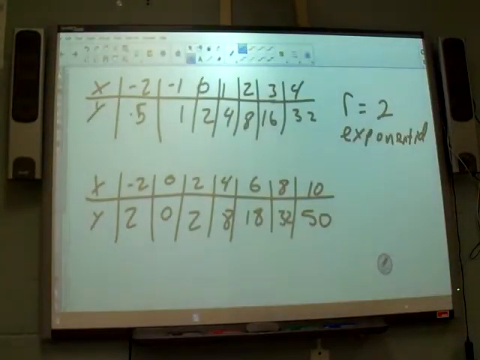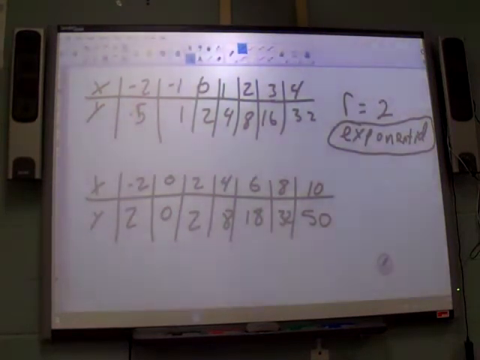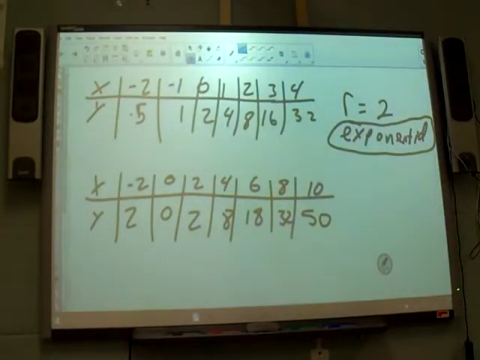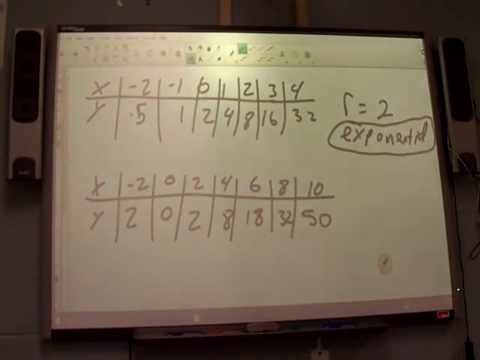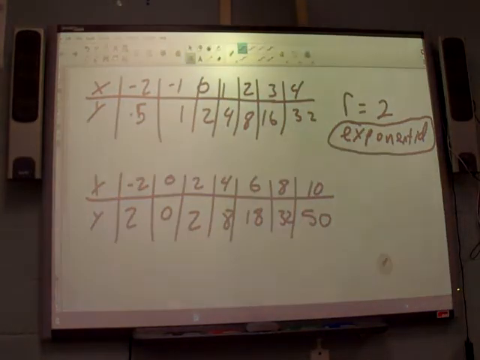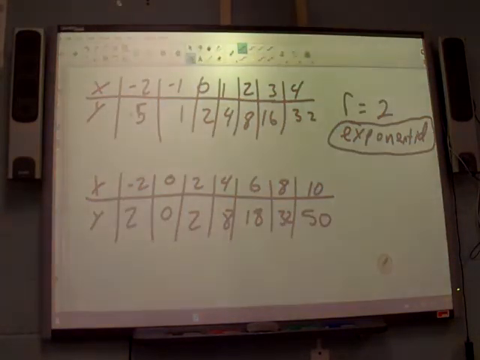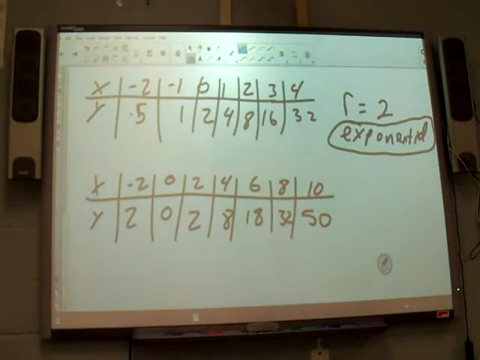E-X-P-O-N-E-N-T-I-A-L. So if we had that question on a test, and it was being multiplied by the same thing every time, we would say it's an exponential function. If it's being multiplied by the same thing every time, it's an exponential function. That's important. Some of y'all don't seem to care.